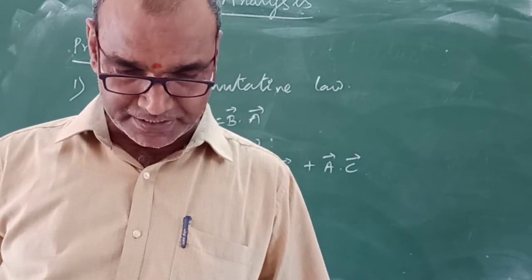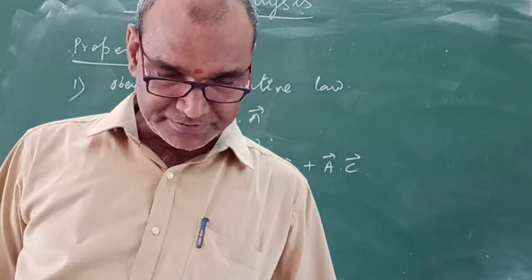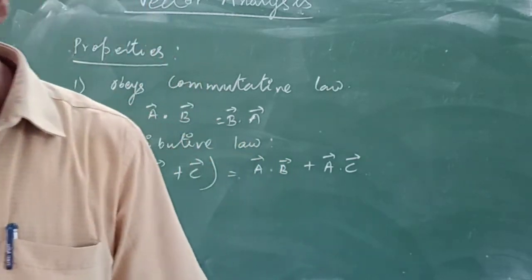The dot product of a vector with itself gives the square of its magnitude.